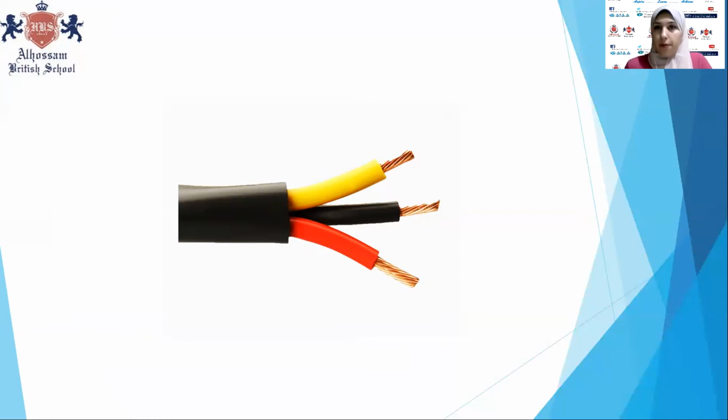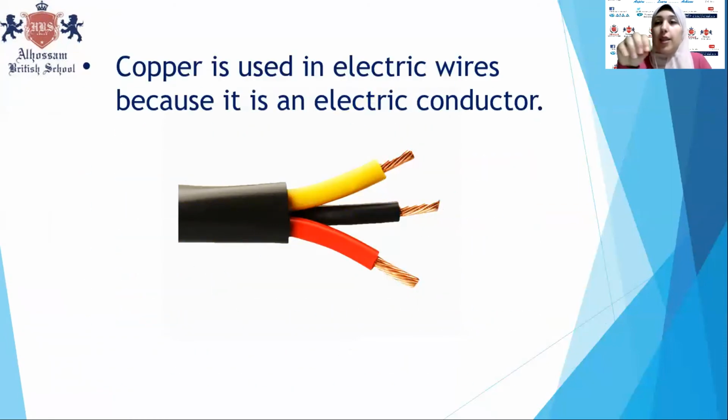The copper is used in the electric wires to allow the passing of electricity, because we need the electricity to pass from, for example, one spot to another. So we use an electric conductor to allow the electricity to pass, such as the copper.